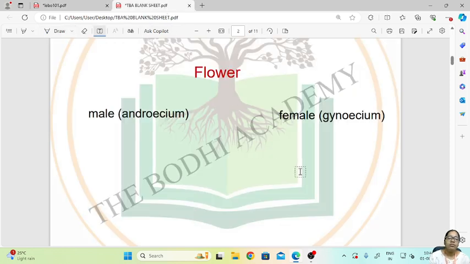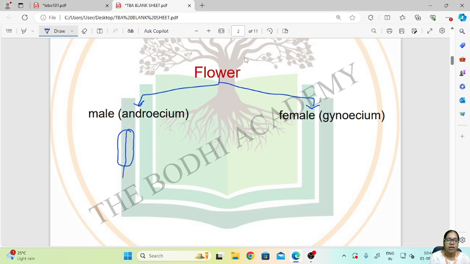Okay, so first we will see the androecium. A flower is called the reproductive organ of the plant, which consists of the androecium and the gynoecium. The androecium basically consists of the anther and the filament, which is the attachment to the flower.